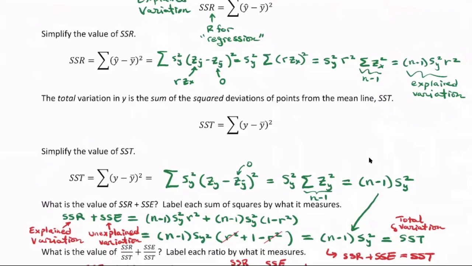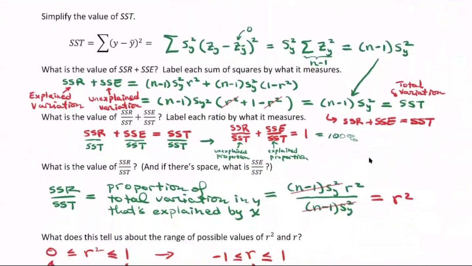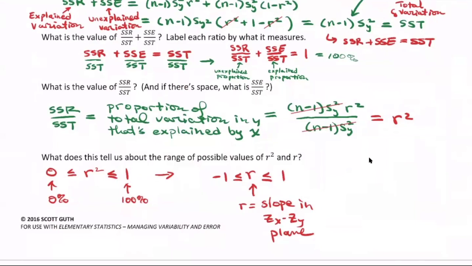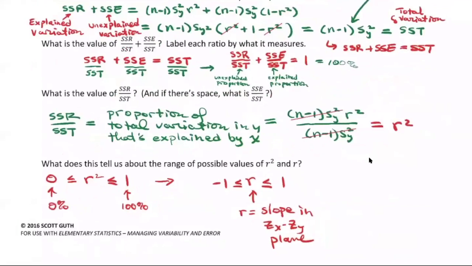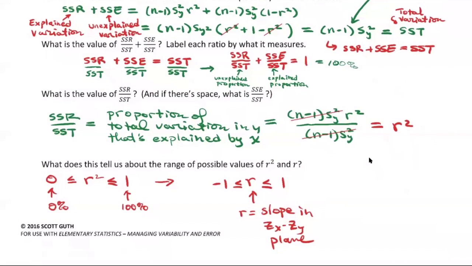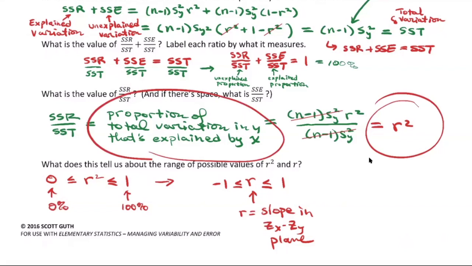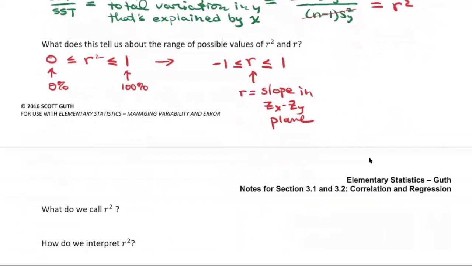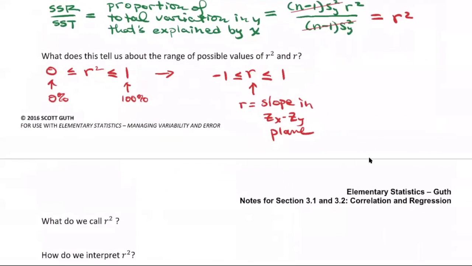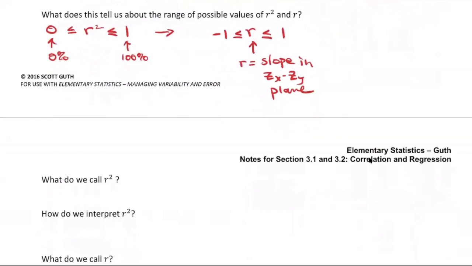And then the next thing I said that was super important was that r squared is the proportion of total variation in y that's explained by x. I think that's going to be super important. And now r squared is between 0 and 1, which tells us that r is between -1 and +1. And r is also the slope of the line.